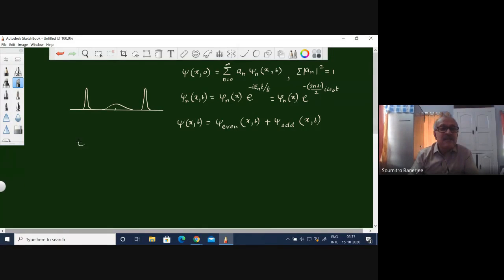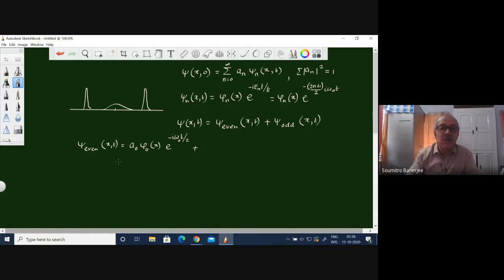The psi even, these are the ground ones, a naught psi naught of x e to the power minus i omega naught t by 2, plus the second.